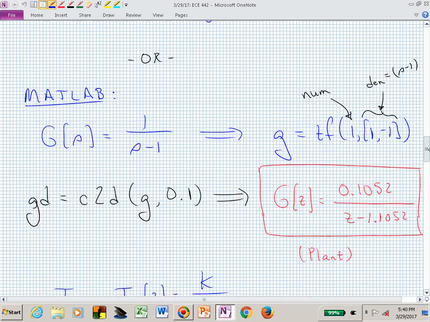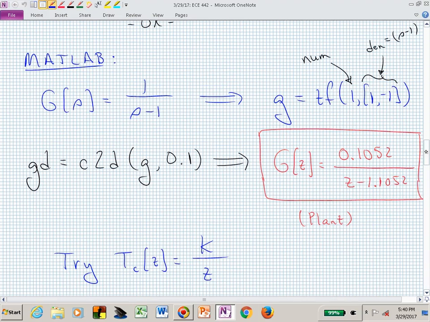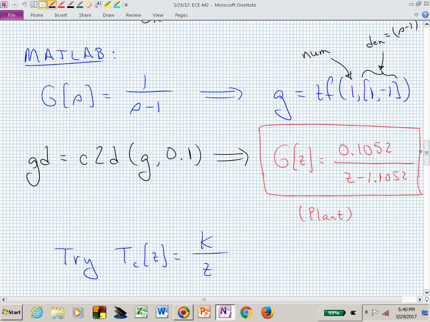So that now you can see that we have, well, I guess I've already given you a hint. What do we know about g of z? What do we want to start thinking about when you look at g of z and you're trying to come up with a desired transfer function, capital T sub c of z? What's one of the first things restriction 1 is telling you?